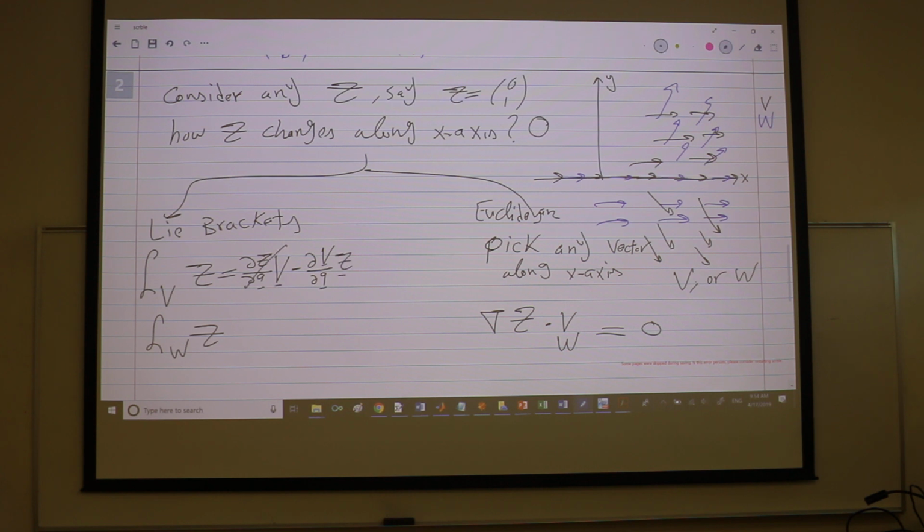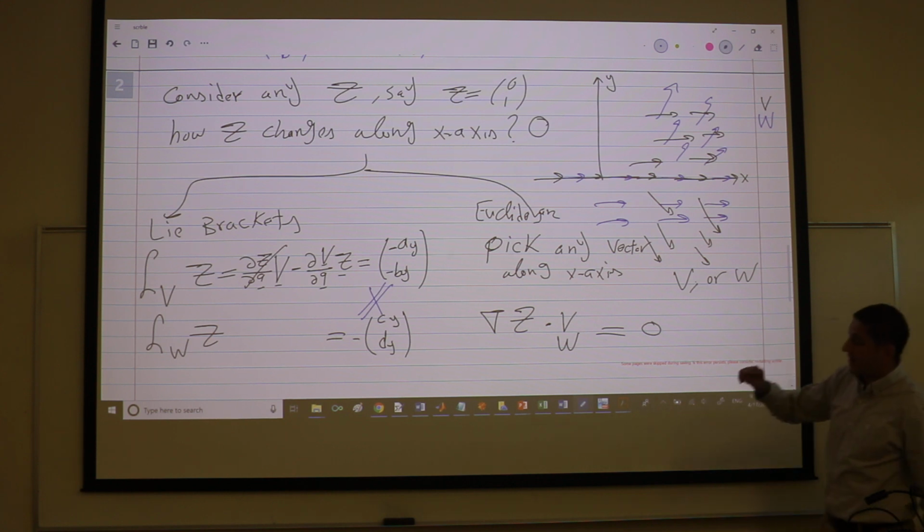So actually here there is no change. This will give you, differentiate the components of V, so this is negative partial A partial y, negative partial B partial y. Here it is the other way around, which will give you C_y and D_y. And obviously these are not equal in general.